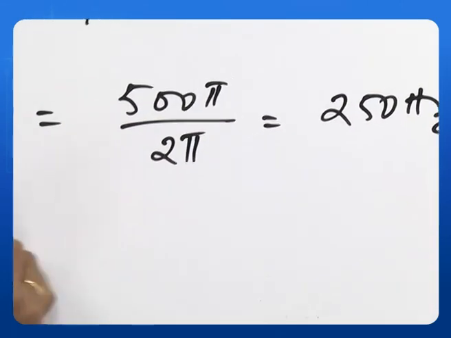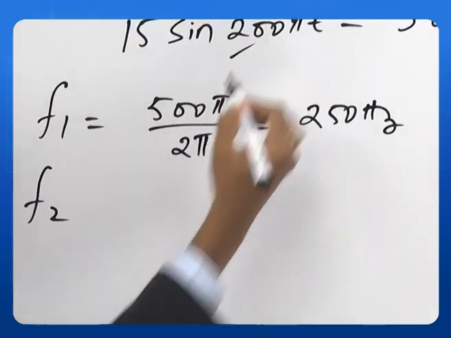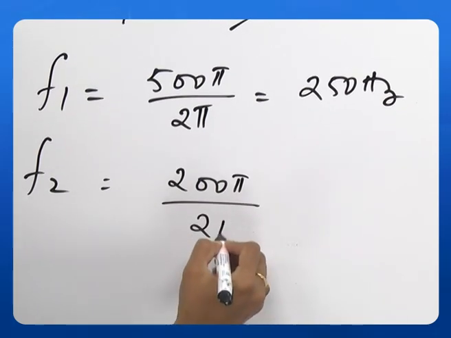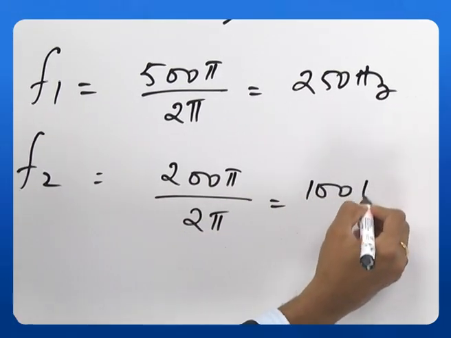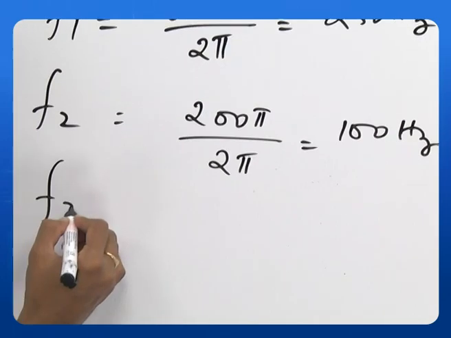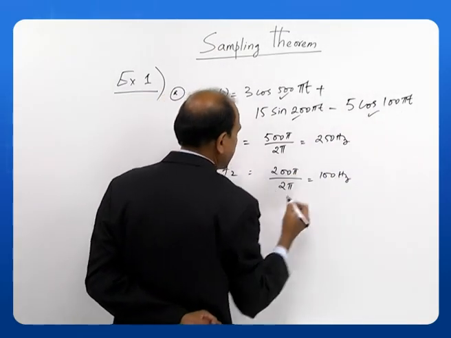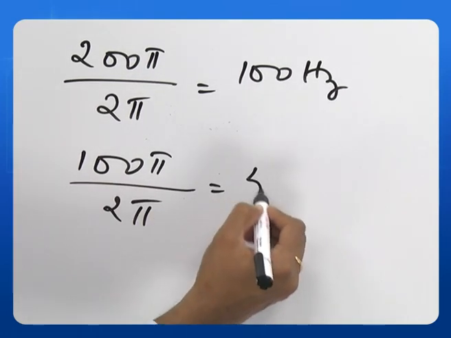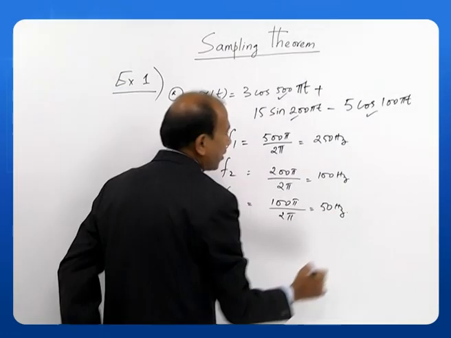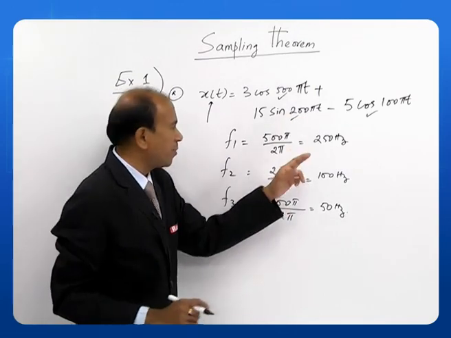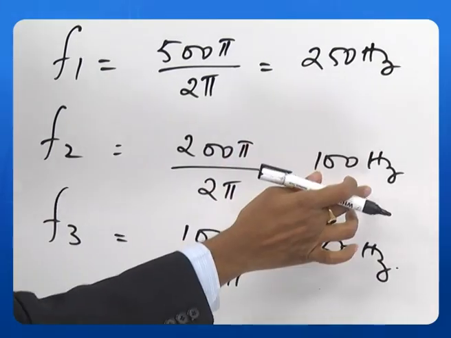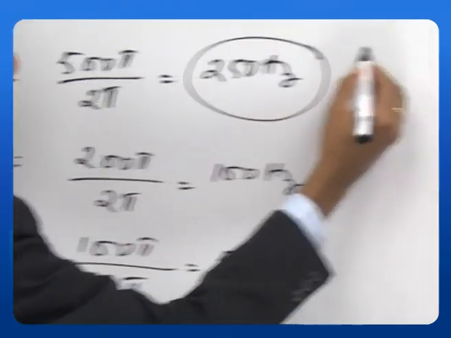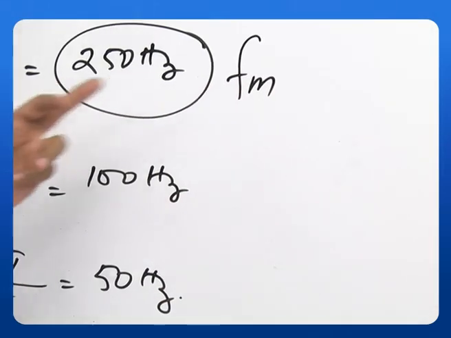Similarly, f2 is equal to 200 pi by 2 pi, so this is equal to 100 hertz, and f3 is equal to 100 pi by 2 pi, so this will be equal to 50 hertz. So we have 3 different frequency components: 250 hertz, 100 hertz and 50 hertz. The first one happens to be the maximum frequency, so let us identify this as the maximum frequency.